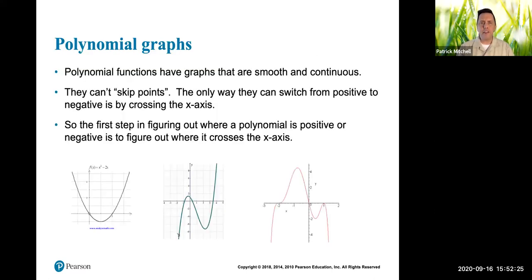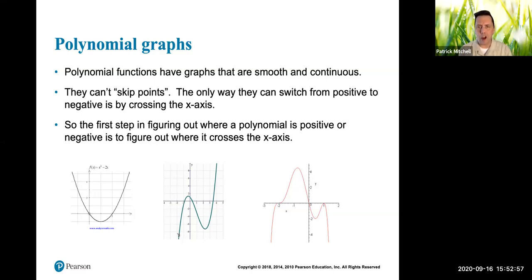I'd like to talk for a minute about why we solve these inequalities the way we do. Remember that polynomial functions have graphs that are smooth and continuous, which means they can't skip points. The only way they can switch from being positive to negative or negative to positive is by crossing the x-axis. So the first step in figuring out where a polynomial is positive or negative is to figure out where it crosses the x-axis.